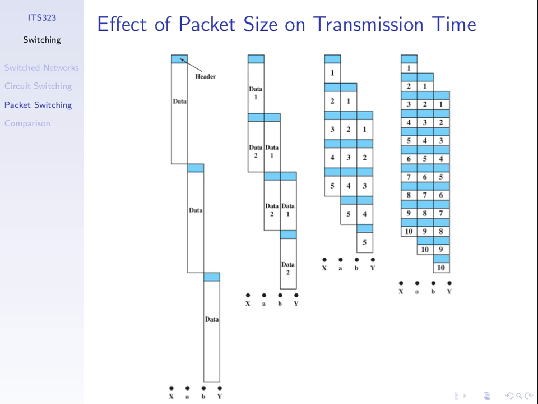In the fourth case, we have smaller packets, but the header contributes a lot because we have 10 packets, 10 headers. Here we have 5 packets, just 5 headers. So the extra header that we need to transmit contributes more to the delay, and we get slightly longer in the fourth case, 2,400 versus 2,100. So there's a trade-off here.